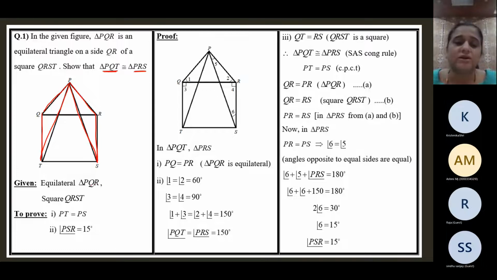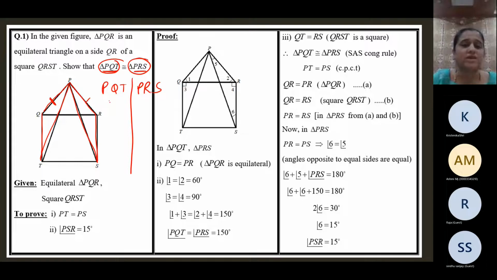Now we already know that all the sides of the equilateral triangle and the square are equal. Now look at the two triangles, PQT and PRS. We need to prove that this triangle is congruent to this triangle. So in triangles PQT and PRS, PQ of this triangle is equal to PR of the other triangle because they are the sides of the equilateral triangle.